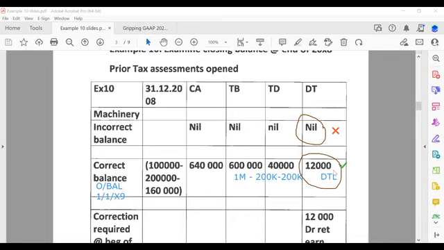So we need to credit our deferred tax account with 12,000 Rand. What is the contra account that we're going to use? If our journal is to credit our deferred tax liability with 12,000, what are we going to debit?